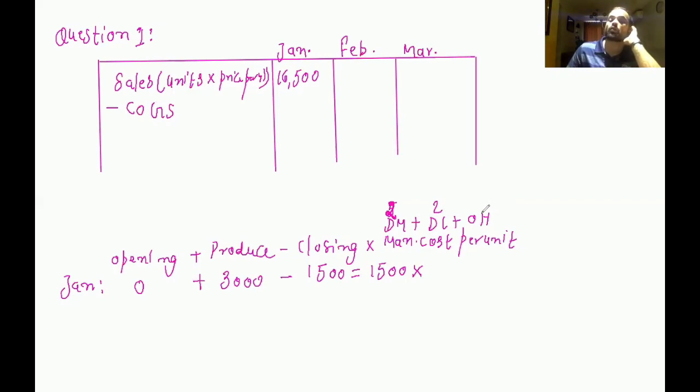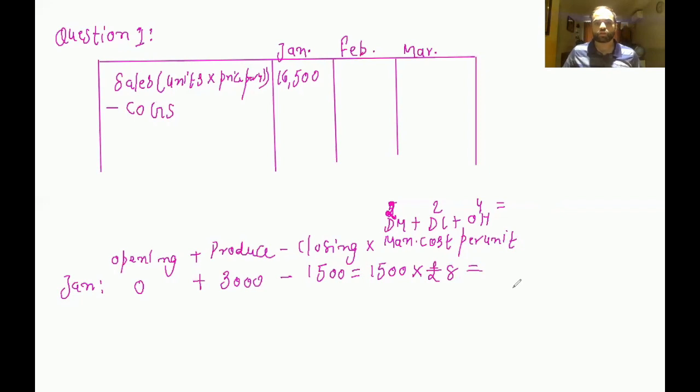So how much is total overhead? No, total overhead is not 1. Total overhead is 4. Yes. So your manufacturing cost per unit is 8 pounds, right?